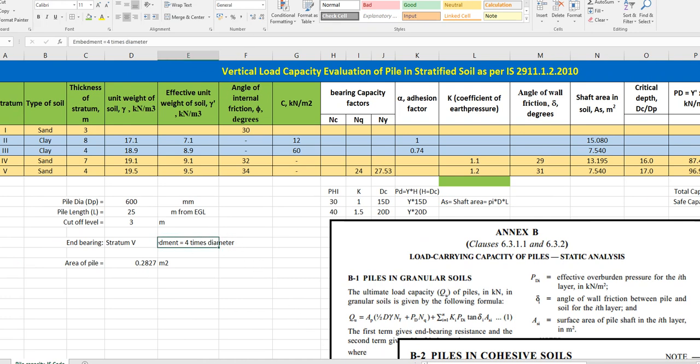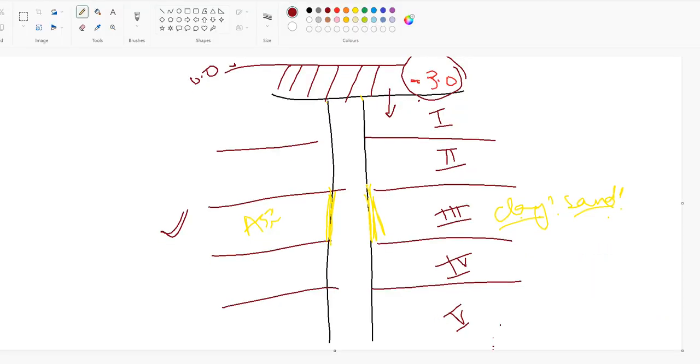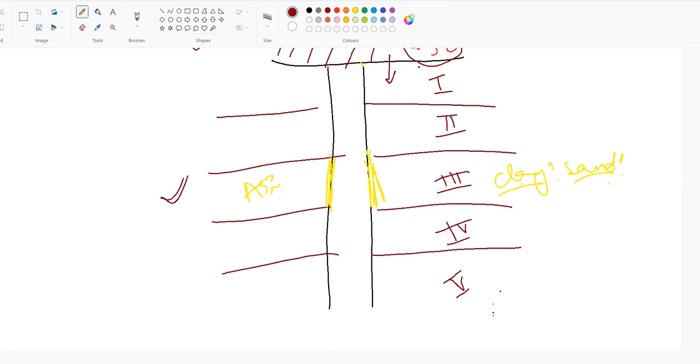So one more thing you must keep in mind, that after 25 meters we have to embed the pile into the soil up to 4 times diameter to 5 times diameter. So that means, suppose your pile is ending in stratum 5. So this is the end of your pile.